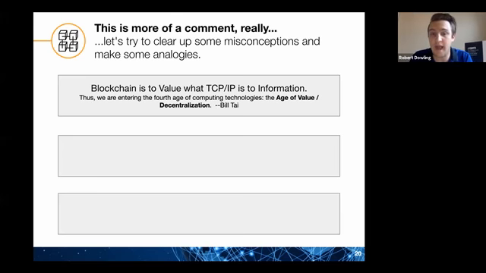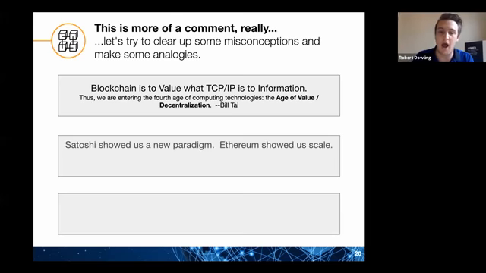So we're effectively entering a fourth stage of computing technologies, and you're going to see exactly why that statement is so resonant with people in just a moment.